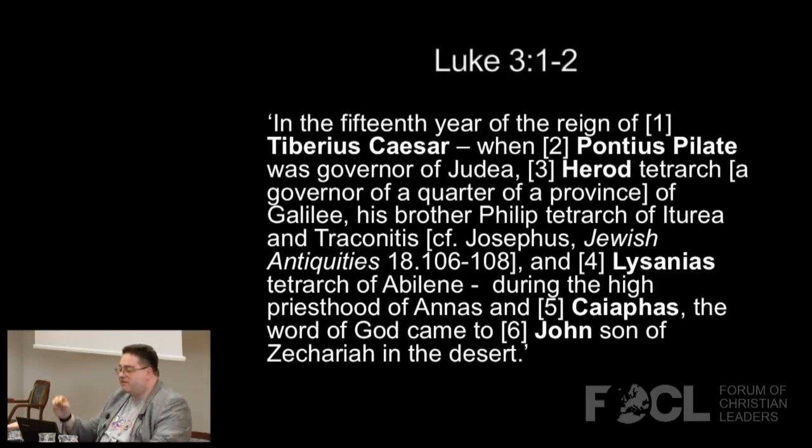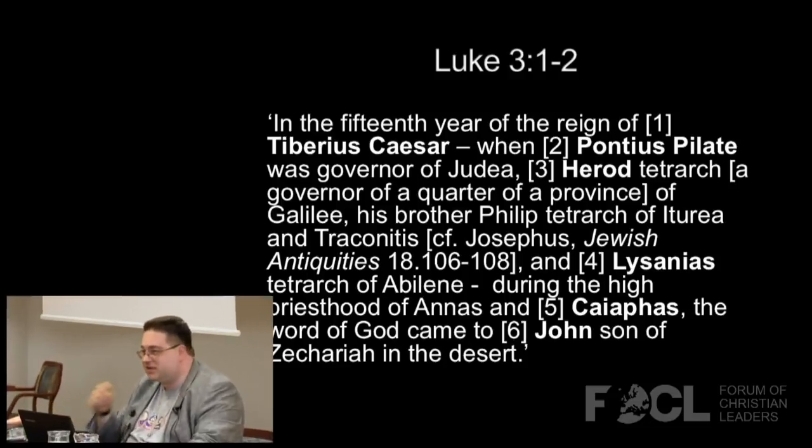His brother, Philip, was tetrarch of Iturea and Trachonitis, who's mentioned by Josephus in Antiquities, and 4, Licinius, tetrarch of Albany, during the high priesthood of Annas, and 5, Caiaphas. The word of God came to 6, John, son of Zedekiah, in the desert, John the Baptist.